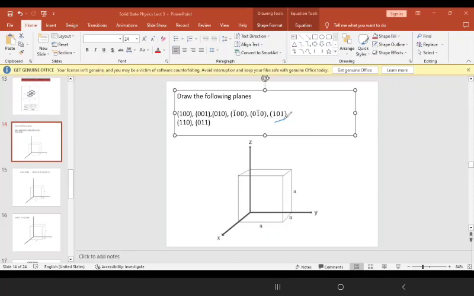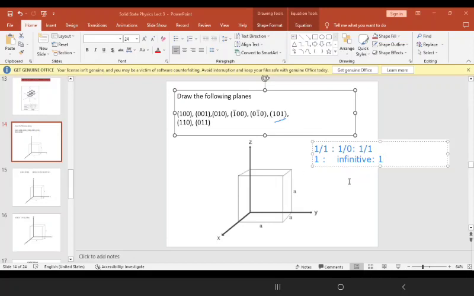If you take the 101 plane, you need to find the reciprocals: 1 over 1 is 1, 1 over 0 is infinity, 1 over 1 is 1.